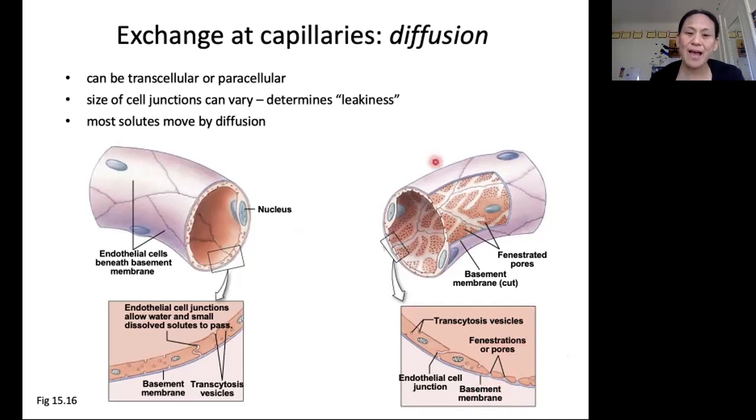Okay, so we tend to have this type of capillary, called fenestrated capillaries, in areas of our bodies where we do a lot of absorption, such as the digestive tract. And finally, I just want to close this slide by saying that most of the solutes that are crossing the capillary wall are crossing by diffusion, okay?